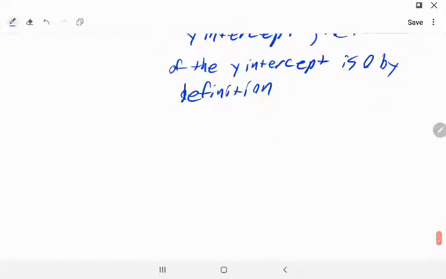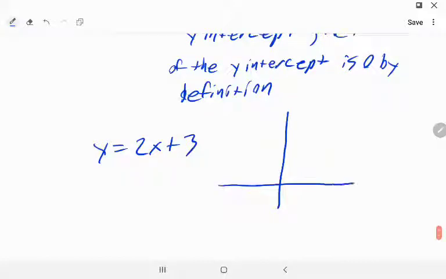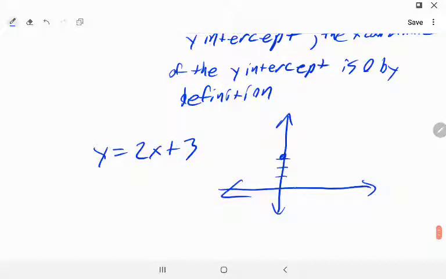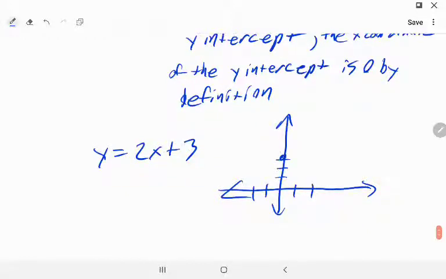So if we wrote y equals 2x plus 3, and we want to graph that, we can just draw the coordinate axes. We find the point (0, 3), and then we know the slope is 2, so we can either go up 2 and over 1, and get that point, or we can go down 2, back 1.